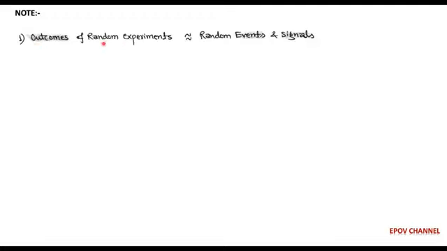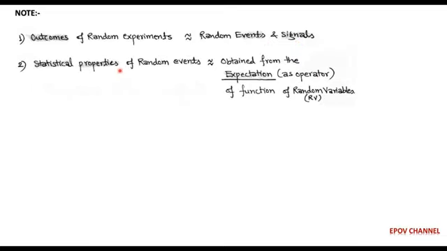Before proceeding further, we discuss some points regarding probability theory based on statistical experiments. First, for any random experiment which cannot be determined mathematically, the outcomes are called random events and random signals. Second point is, the outcomes or random events are based on statistical properties that are obtained using an operation called expectation, and it includes a function of random variables.